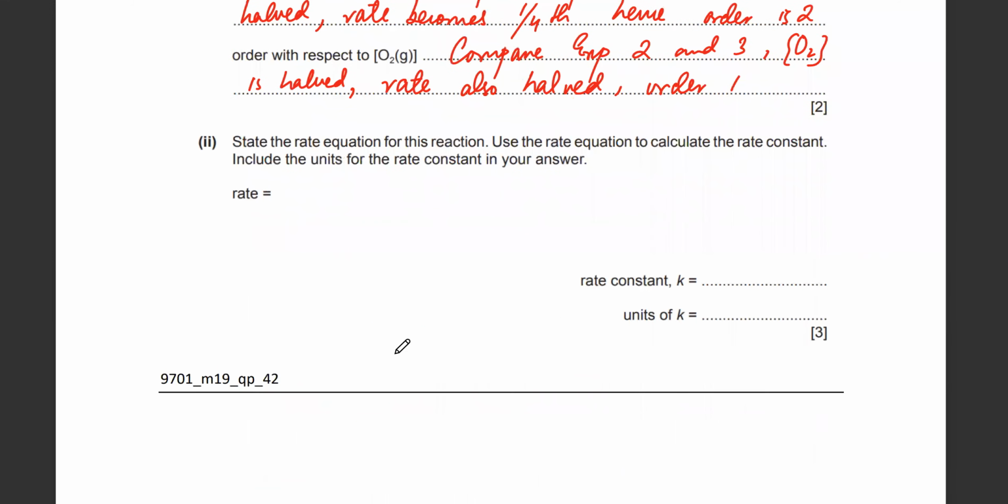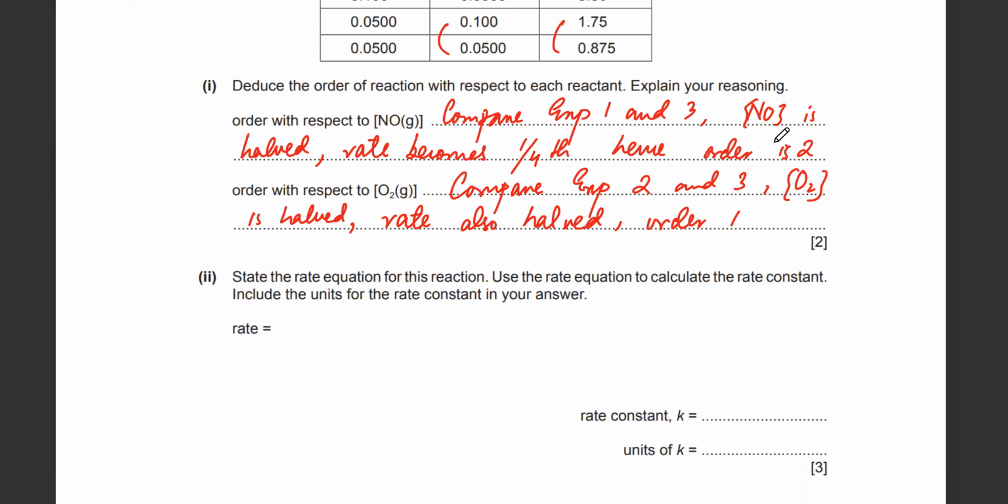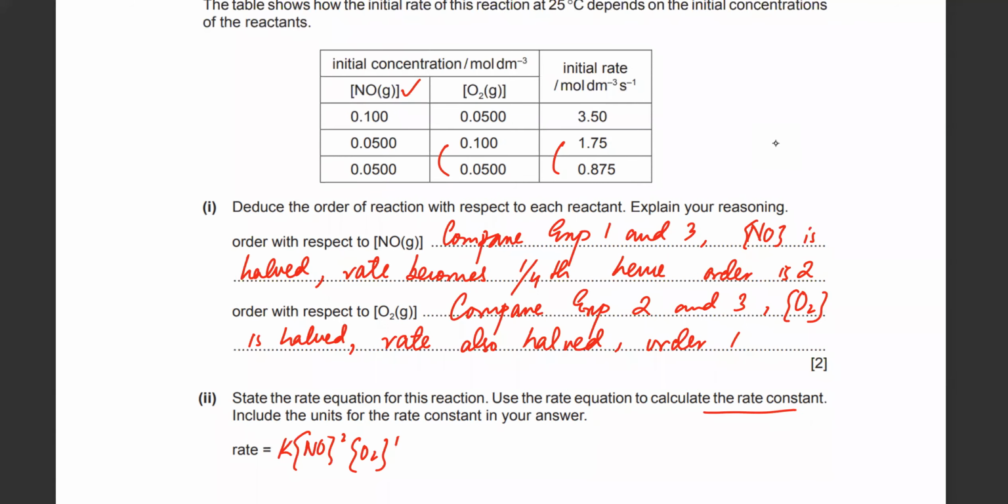Achha, next one, which is he's asking you to state the rate equation. So it's order 2 with respect to NO. So K times NO squared. And O2 is going to have a power of 1. And he's asking include units for the rate constant and calculate the rate constant. The rate constant, किसी एक की भी values इसमें input कर दो.